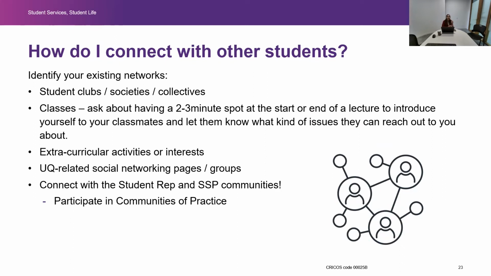If you're participating in extracurricular activities or interest groups, just chat with people, ask them what their experiences have been like. Get talking about these issues that are affecting everyone or affecting those particular groups. Get people talking about this stuff. And then obviously you can connect with other student reps and also the student staff partnership communities of practice. That's a great way to get involved with people and get their opinions, and be talking about this stuff.